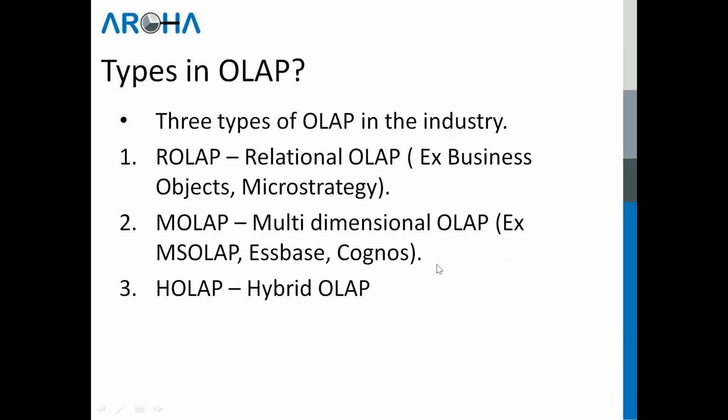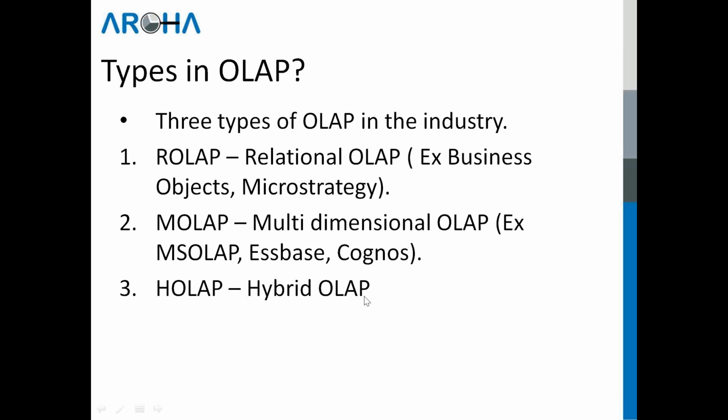Examples for relational OLAP are Business Objects, MicroStrategy, Cognos, and so on and so forth. We have multi-dimensional OLAP, for example MS OLAP, which is nothing but SSAS, Oracle Essbase, Cognos Cube.